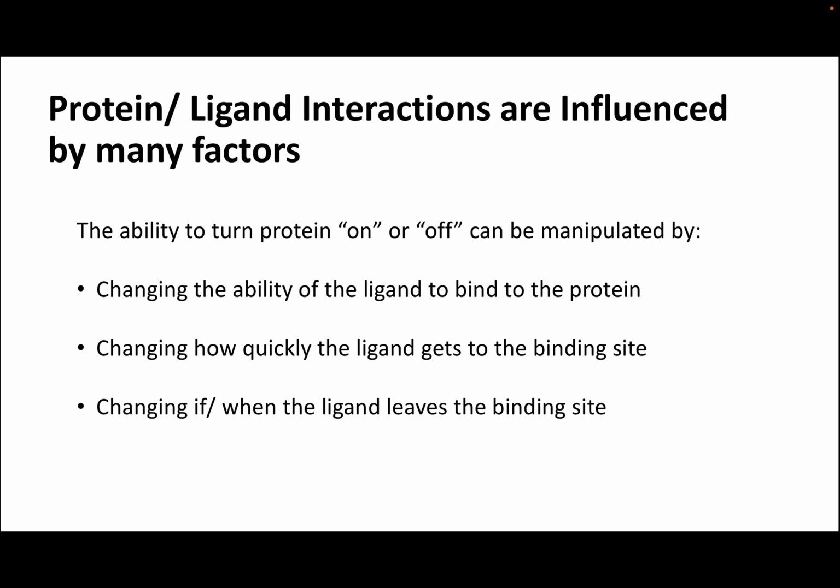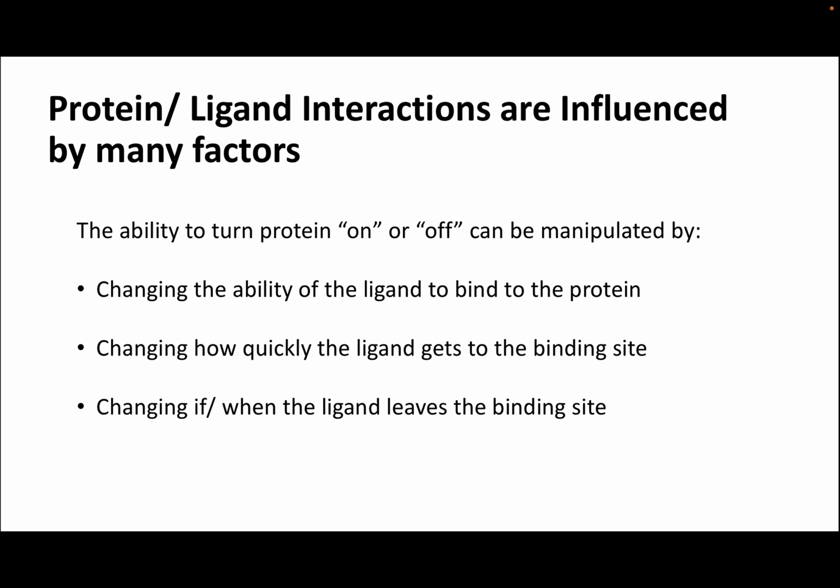We can also change how quickly the ligand actually gets to the binding site. So we can focus on changing the speed of travel of that ligand to its intended binding site, because once it gets there, that's when its activity level is changed. And then finally, we can also change how rapidly the ligand leaves the binding site, because it's going to exert its control until it detaches, if it detaches.